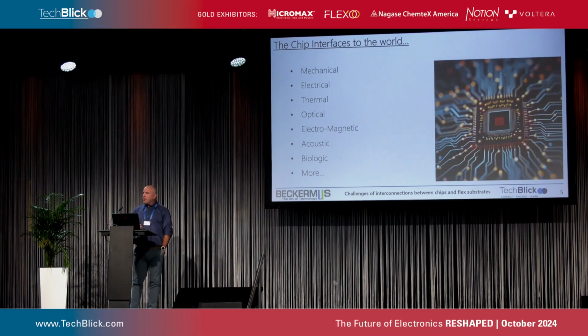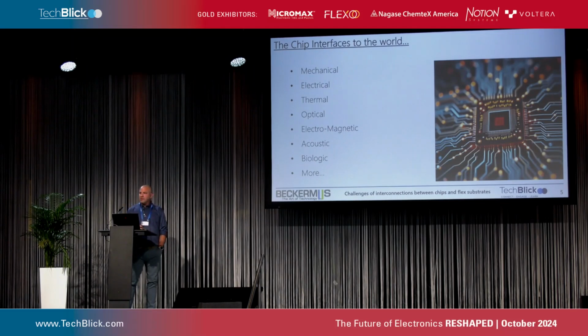And there are other interfaces from the chip to the outside world, like optical, for example. In the world of PIC, photonic IC, this is one of our major goals in Beckermus Technologies. We integrate fibers and LEDs and VCSELs to other chips and other components. So the interface is optical, and it's very important to know how to design it and what materials to use.